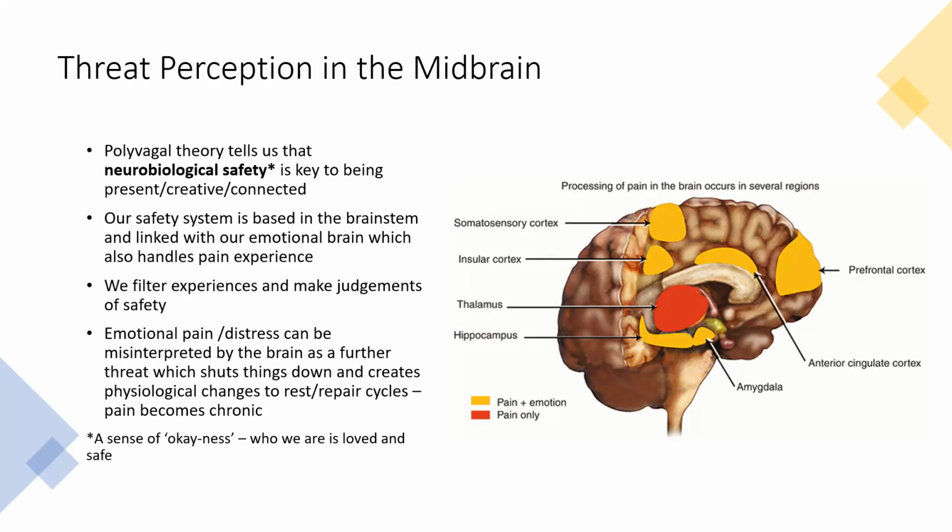And so things start to go downhill, and you start to shut things down and create these physiological changes to the rest and repair of your body. And so pain can very easily become chronic. In other words, it lasts for a long, long time and doesn't get better.